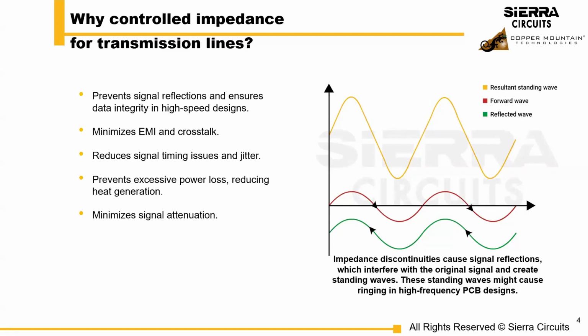And of course, high-speed signals are critical, and they need proper timing. When you have a good impedance, you'll get consistent signal travel, preventing synchronization errors. And impedance mismatches can also cause power losses. So you'll improve your power efficiency and basically have better health overall for your PDN.